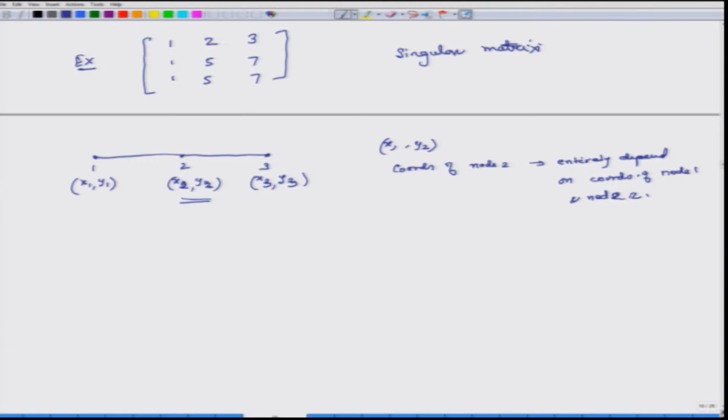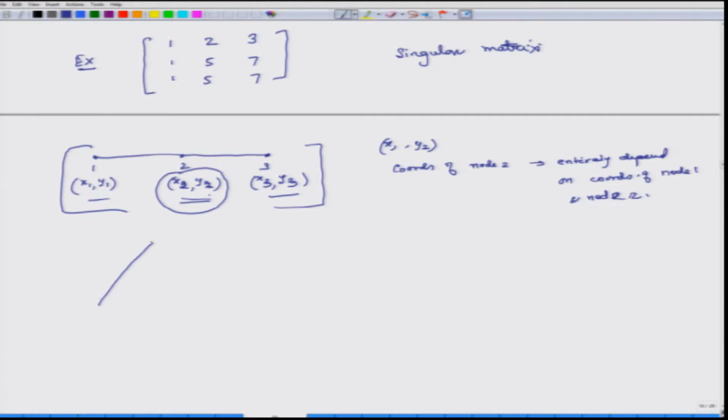Which means if I put these 3 nodes in my A matrix, it will be singular, because this node is not independent of node 3 and node 1.